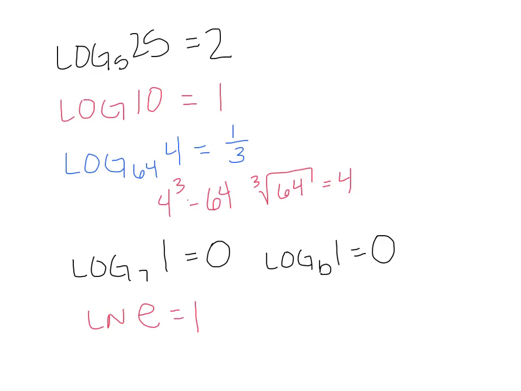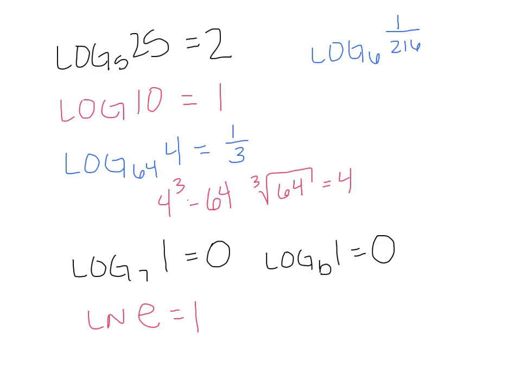How about the log base 6 of 1 over 216? Okay, we're going to raise 6 to a power, and it's going to make a fraction. So let's just focus on the 6 and the 216. How many times does 6 go into 216?